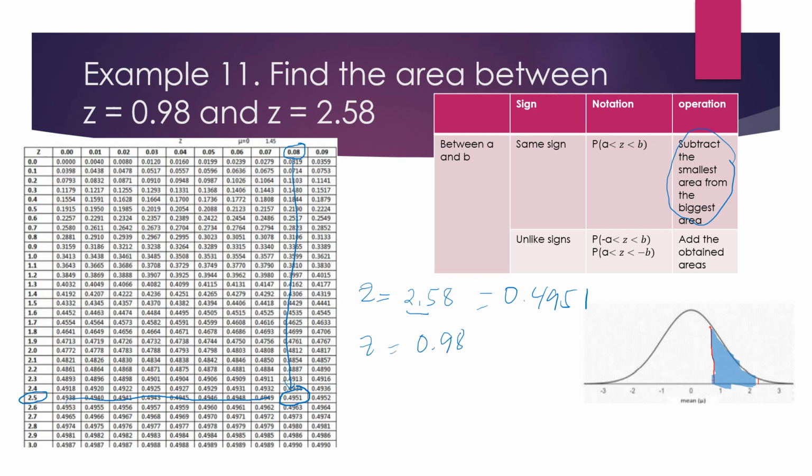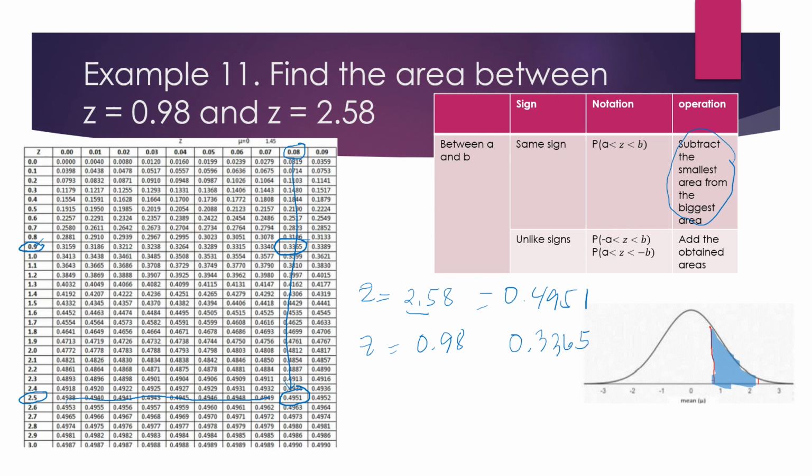The first two digits are 0.9, which is this part. And then the hundredths digit is 0.08 also. So this is the area of 0.98, 0.3365.